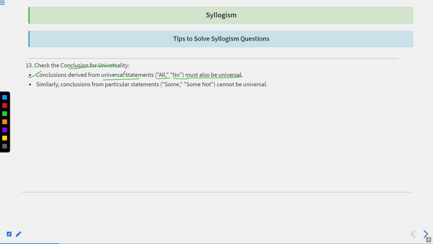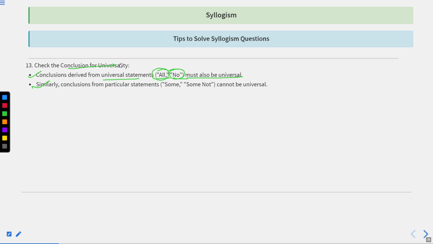Whenever a conclusion is derived from a universal statement, when the statement is starting with all or no, the conclusion being derived should also start with all or no. You cannot take into consideration that if it has been mentioned as all, then it will say some of A are not B. If it has been mentioned as no, then you cannot come to the conclusion that some of them will be A. Because if there is a universal statement, it has to be universal.